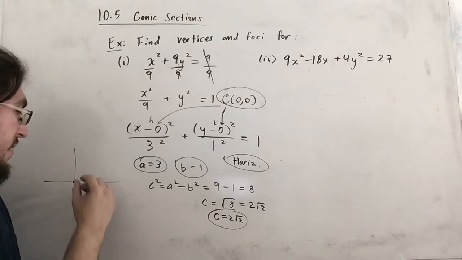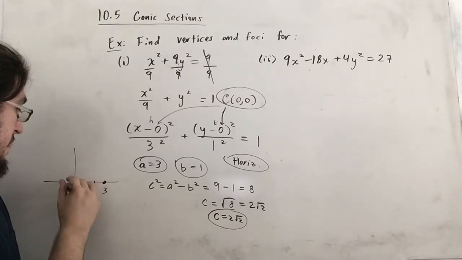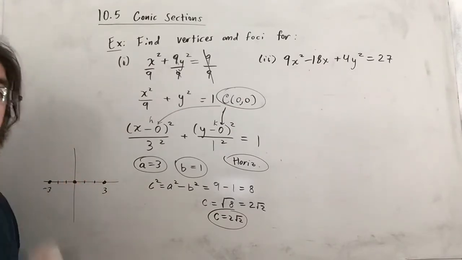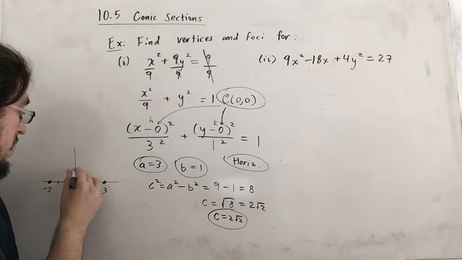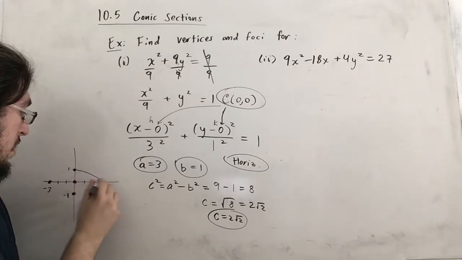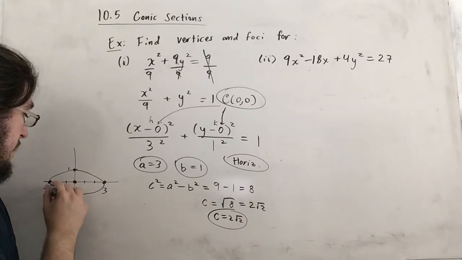That's another way to think of that. So you go left and right by 3. There we go. And then you go up and down by 1. Let's say this is 1. It's not quite to scale, but it's close. So we get this nice elliptical shape.